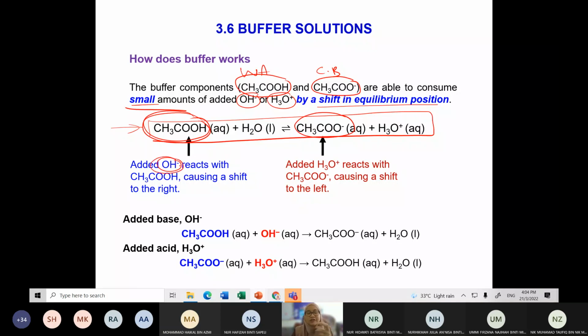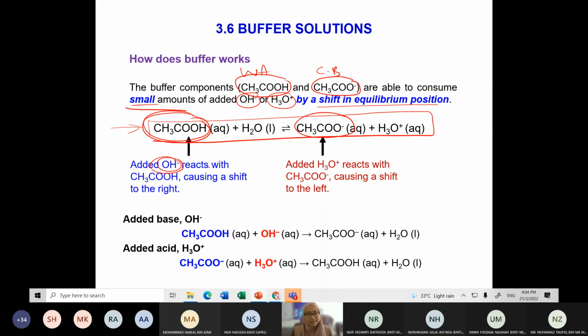Betul tak? Dia kena neutralize lah. You jangan pakai counter attack dekat dalam exam, you kena cakap neutralize lah.